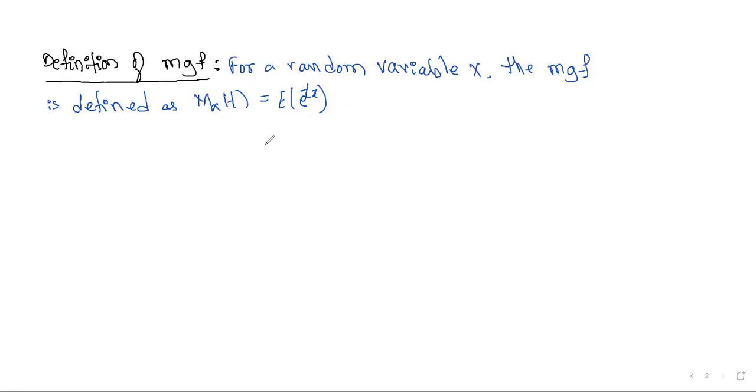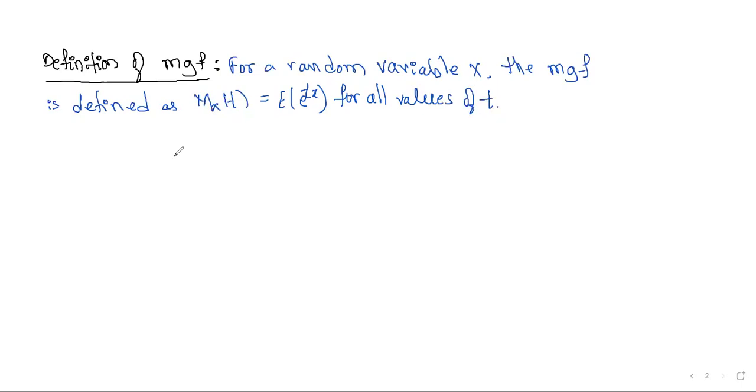Recall how we discussed the expected value of x in mathematical expectation: the expected value of x equals summation xi into pi, or integration x into f of x dx. Like that, here also the moment generating function is defined as the expected value of e power tx, for all values of t.